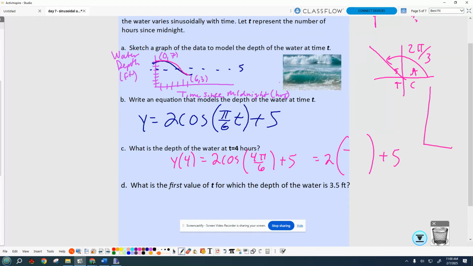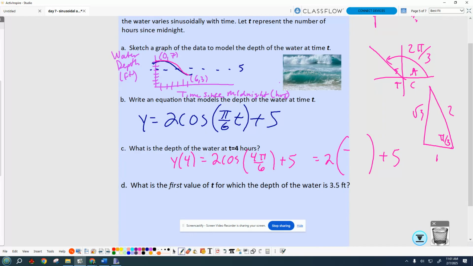Okay. The triangle across from pi over 3 is root 3, 1, 2. Oliver, what is cosine of pi over 3? Cosine is opposite over hypotenuse or adjacent over hypotenuse? Adjacent.